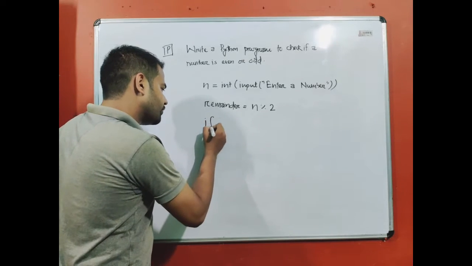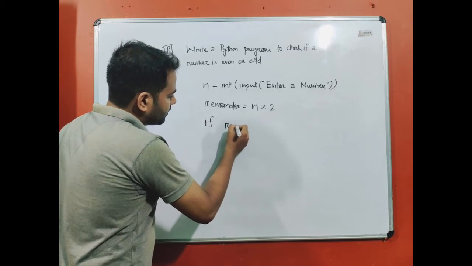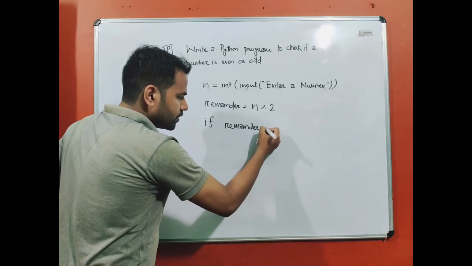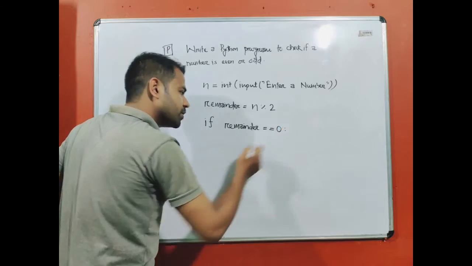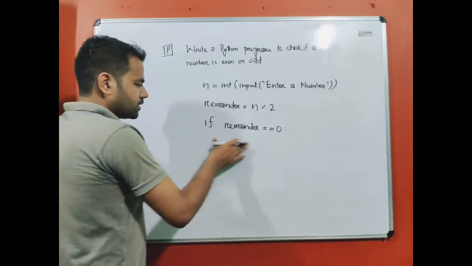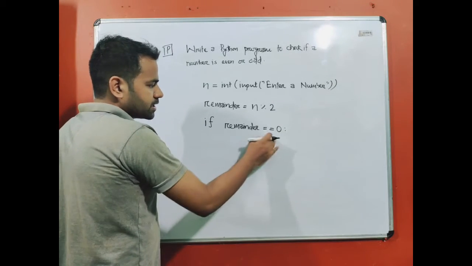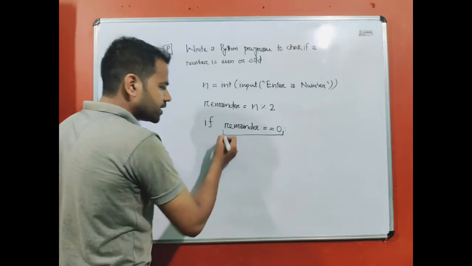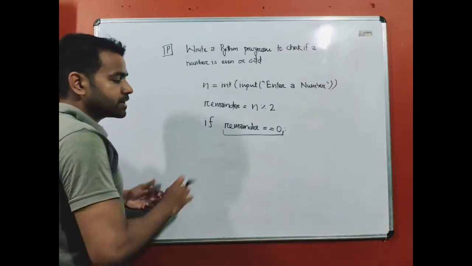I will write if remainder is double equal to 0. Double equal to means comparison, right? So in this if statement, we have the condition as remainder double equal to 0. Starting from here up to here is the condition, right? What is the condition?